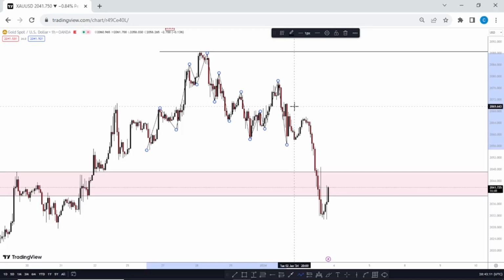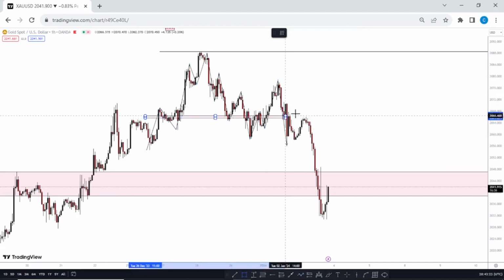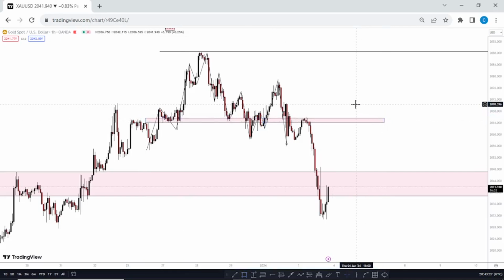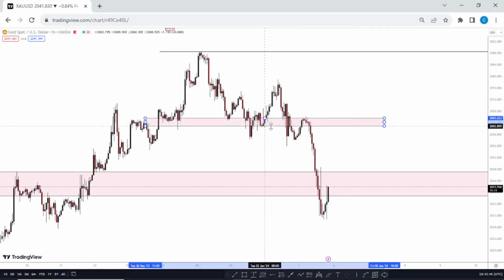But in this case, the H1 was bearish. So what are we looking for? We are looking for support to become resistance. What did I say? In a bearish structure, we are looking for support to become resistance. So now, this was the key level I identified.